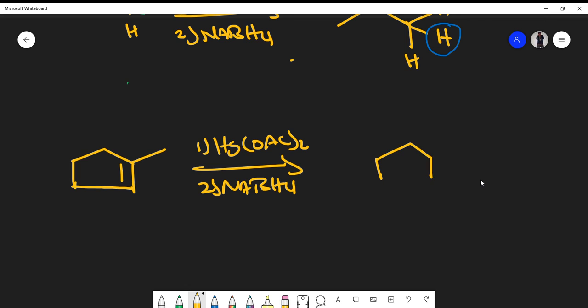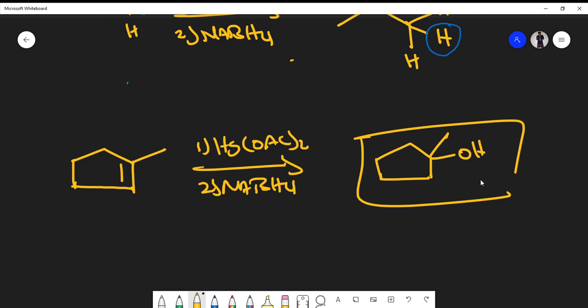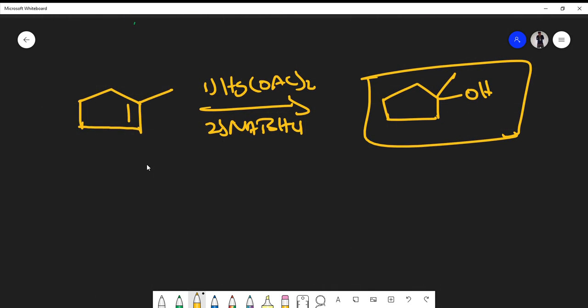Again, the OH group is going to end up on the more substituted carbon, and so we should expect this molecule to be the product. Right? So again, if you look at it across the double bond, which carbon is more substituted? This carbon has one hydrogen. This carbon that the OH group is on over here has no hydrogens.